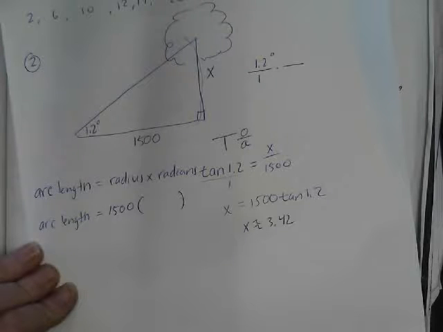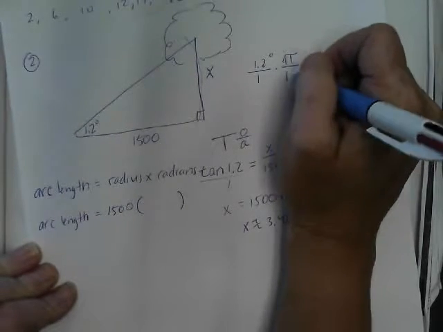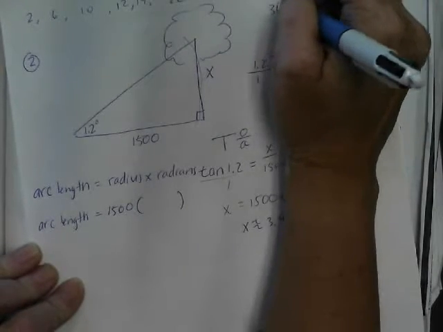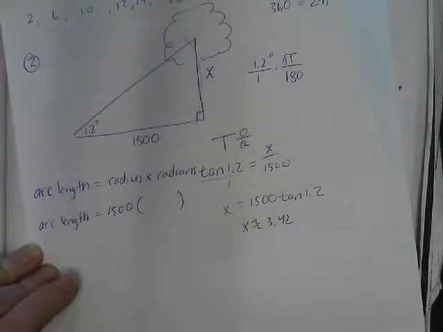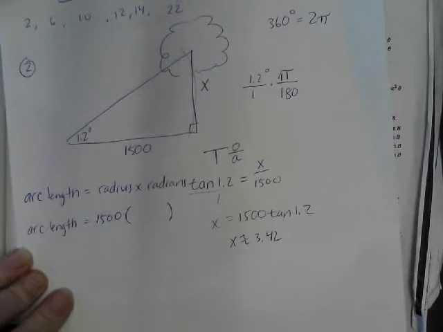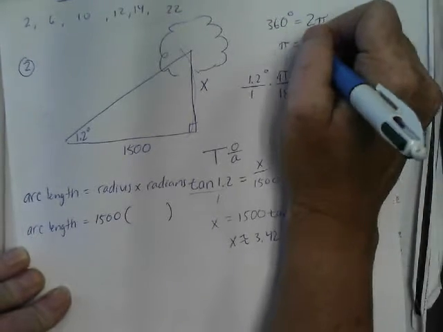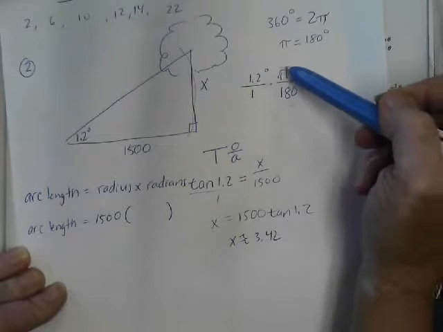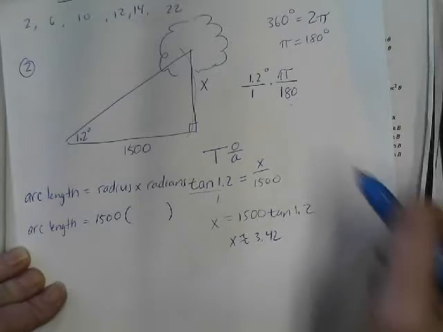So pi over 180 would work, right? Why is that true? Because 360 degrees equals 2 pi. When we go around the circle, it's 360 degrees, or 2 pi. So if I divide both sides by 2, pi equals 180. So I can write it as what we call a giant 1. It's like multiplying by 1.